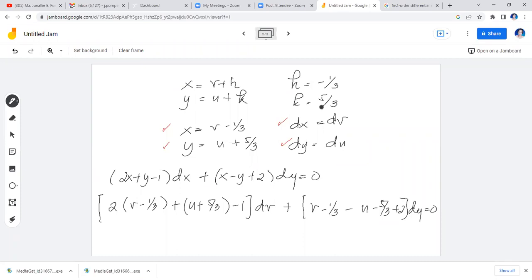Next thing you will do is, of course, simplify. So you will have (2v minus 2/3 plus u plus 5/3 minus 1) dv plus, another one here, (v minus 1/3 minus u minus 5/3 plus 2) dy.